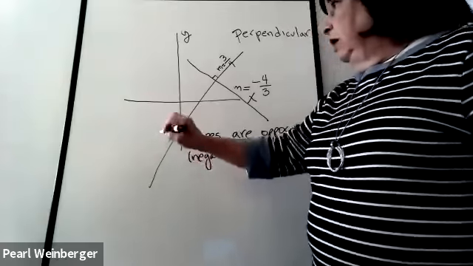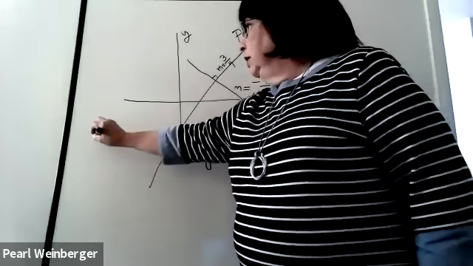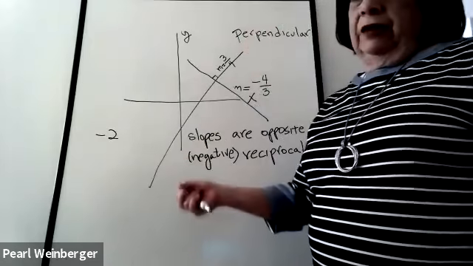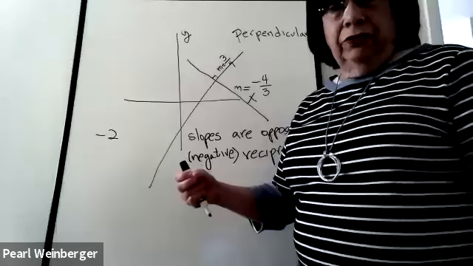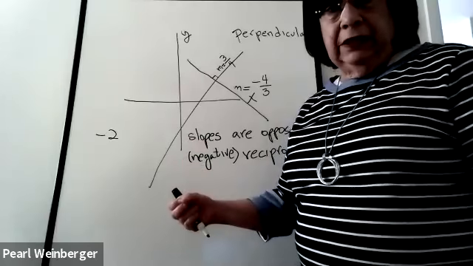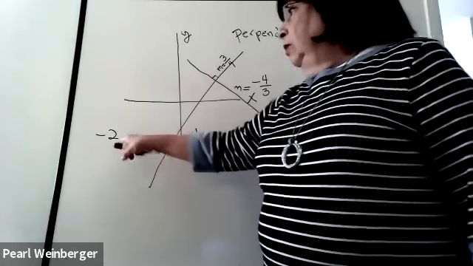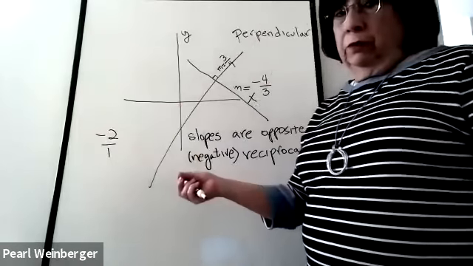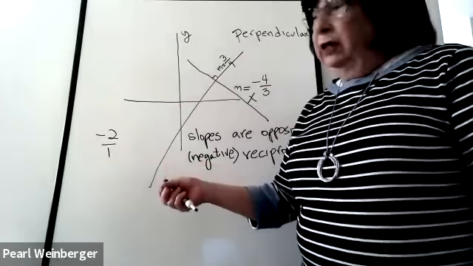In other words, if I tell you the slope of one line is -2, and I ask you what would be the slope of the line that's perpendicular to this? Well, -2 really is -2/1 because any whole number is over 1.